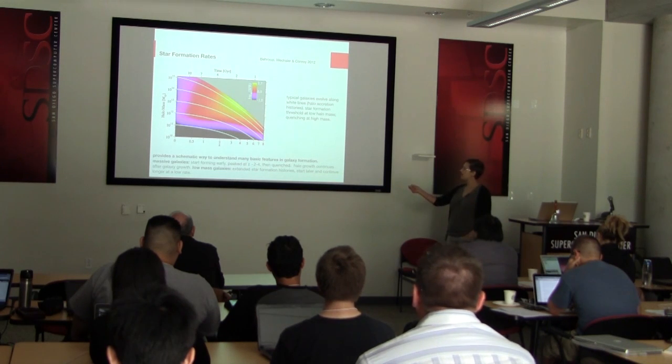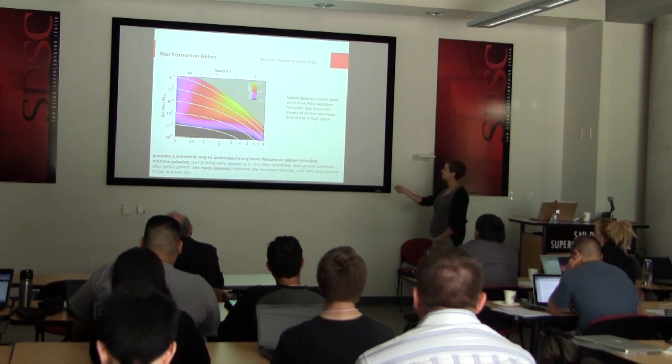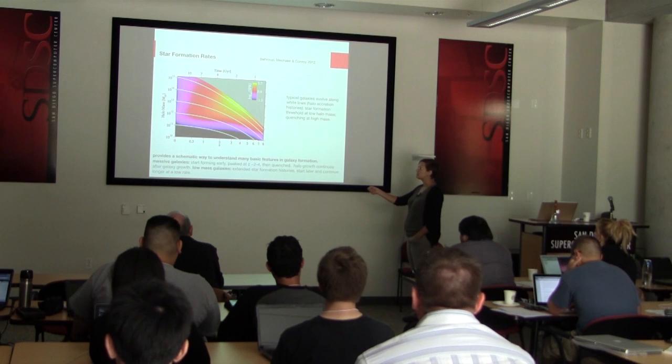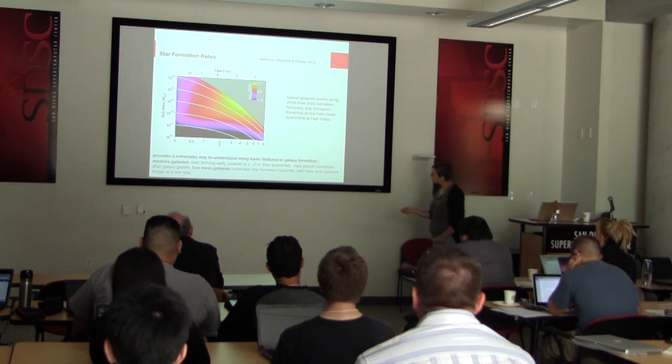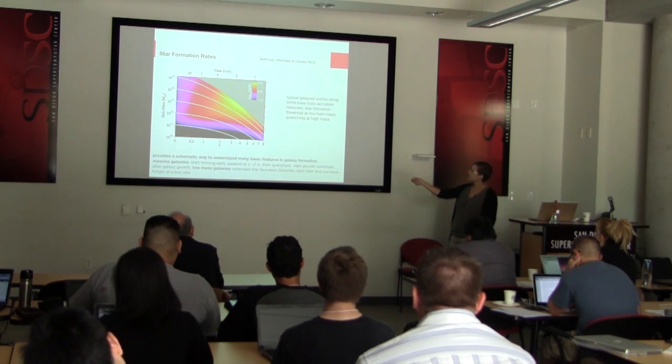So a halo that ends up at 10 to the 15 today was roughly 10 to the 11 at redshift 8. That's just the average accretion history. A typical Milky Way halo was roughly 10 to the 10 at redshift 6. And if you follow these histories, these white lines, it tells you how they move through this star formation rate.